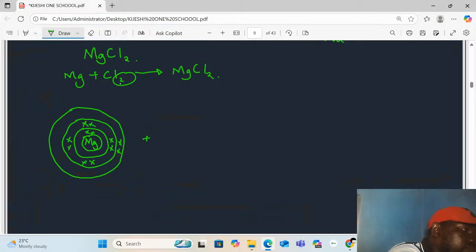So now we'll have to include these two somewhere. Don't forget, I'll show you when and where. So you draw the chlorine atom like this.